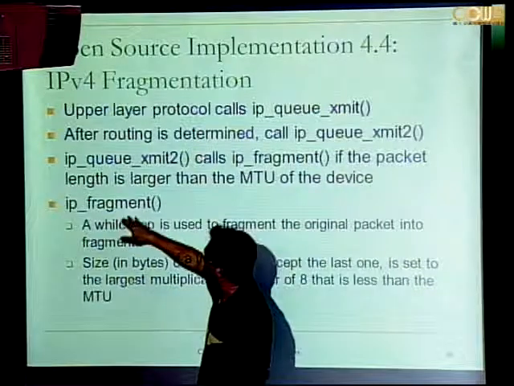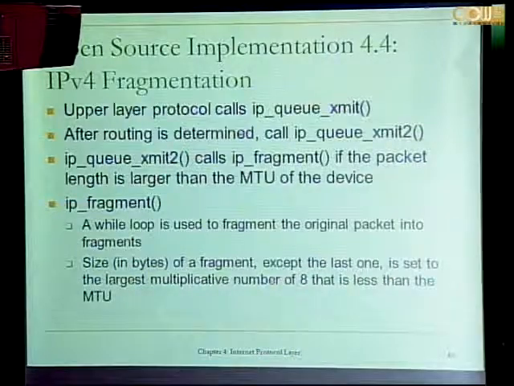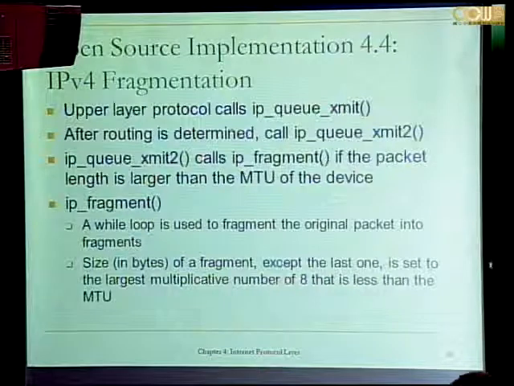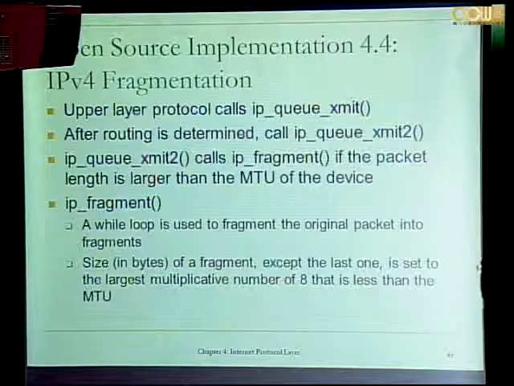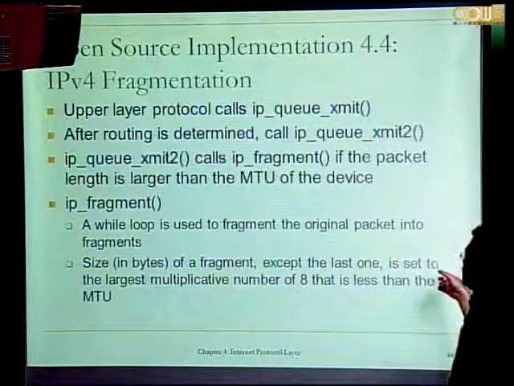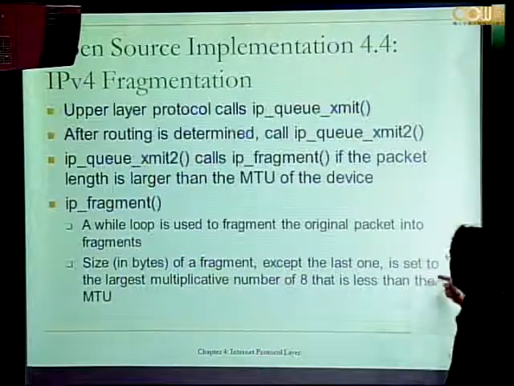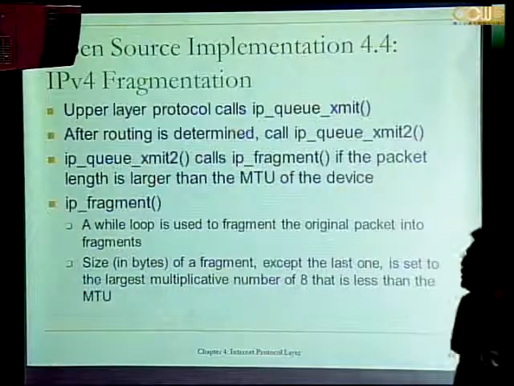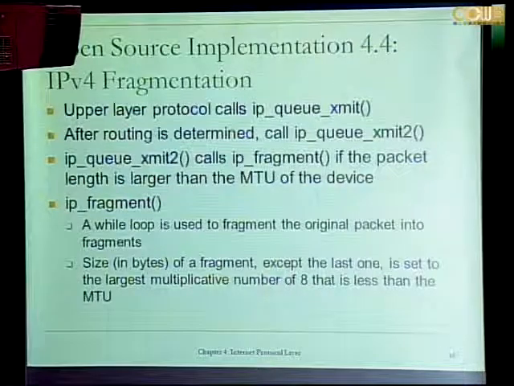And then within IP fragment, there's a while loop, which would fragment the original packet into fragments. And the size of the fragment should be set to, except the last one, which will be the remaining bytes, but the other fragments will have a size set to the largest multiple of 8, which we have seen in the example.